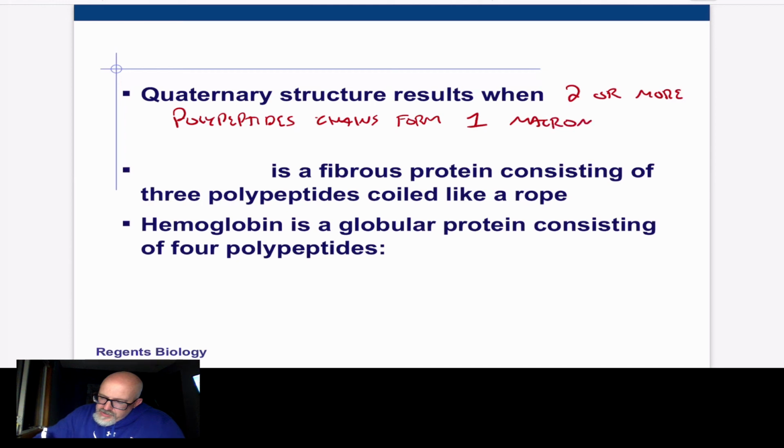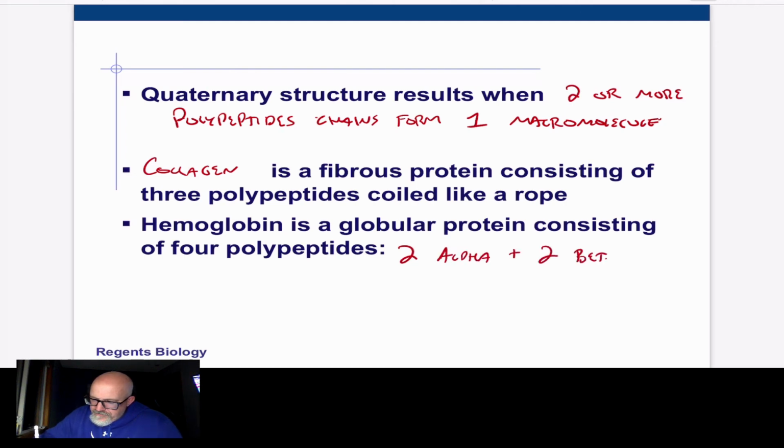So that's how you get the big quaternary ones, right? Collagen was one, hemoglobin is another, and it has 2 alpha plus 2 beta. They're just examples of ones that you're going to see.